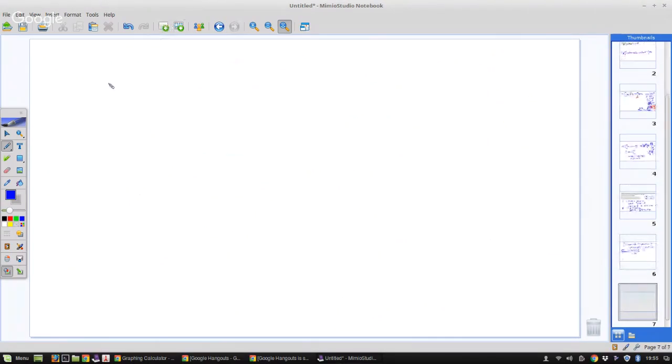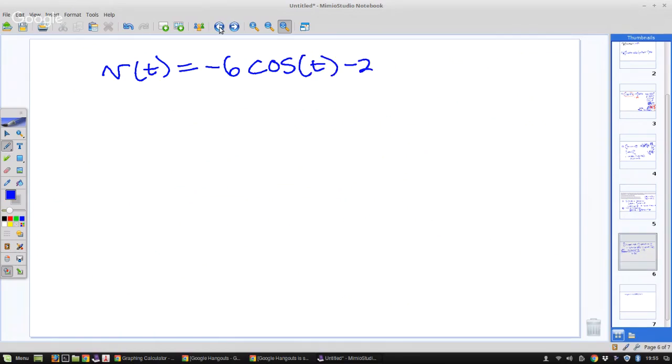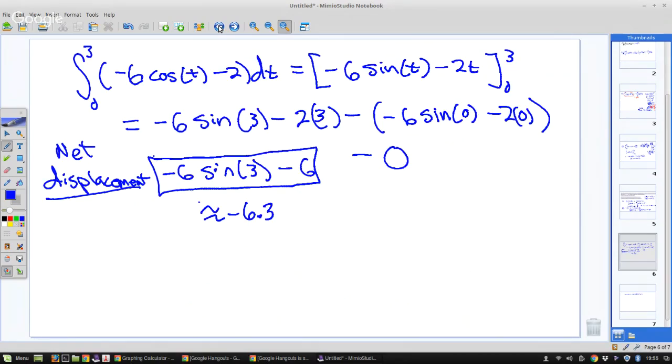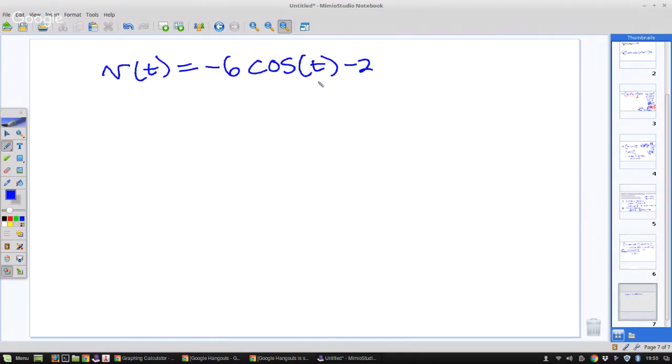So, new page. My velocity function, remember, was equal to negative 6 times the cosine of t minus 2. Let's start off simply by finding its zeros in the region I'm interested in, from 0 to 3.